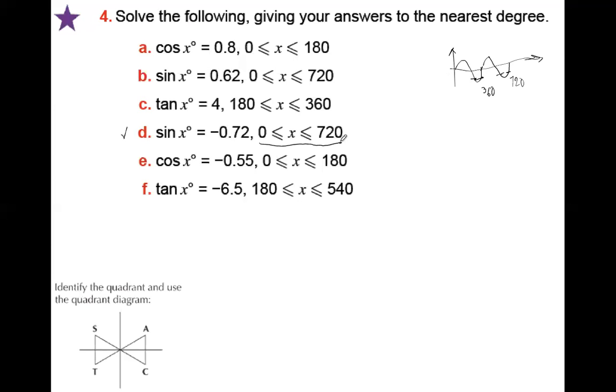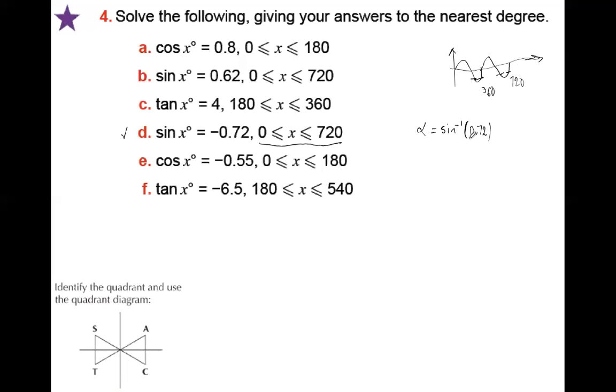Okay, so the way to do this, you would go alpha is inverse sine of the positive value 0.72.